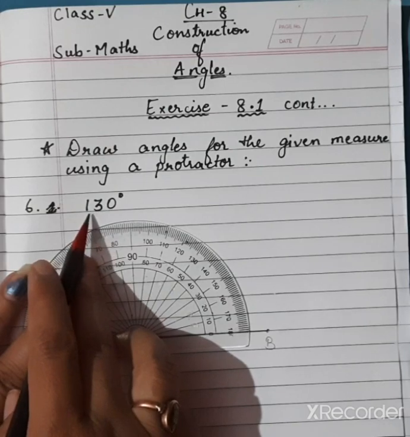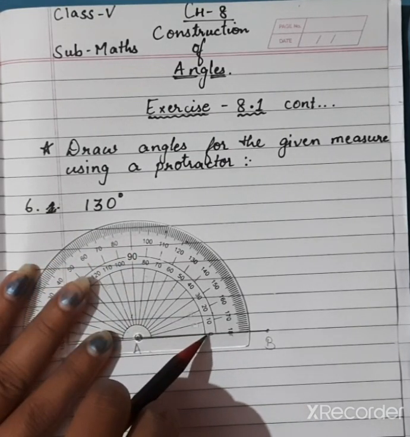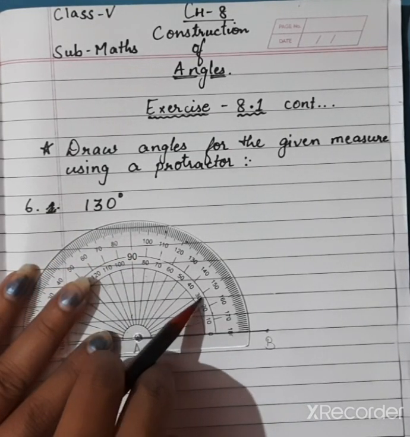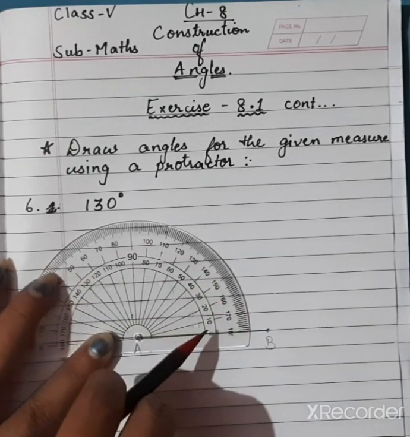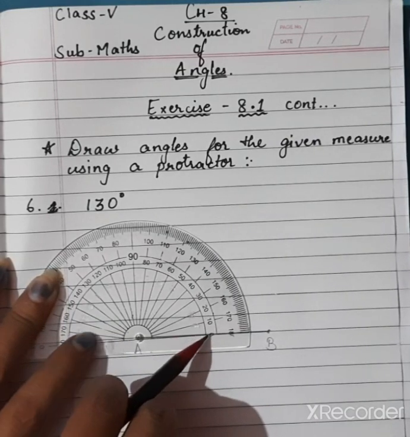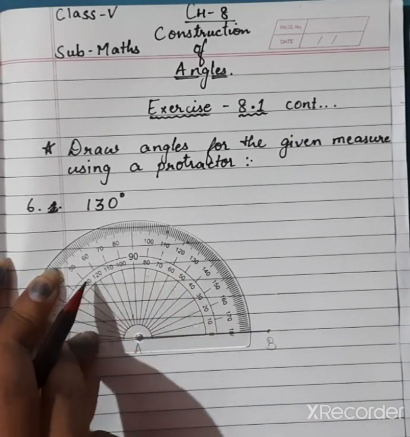Here it is 130 degrees, so from 0 on the inner side go up to 130. Don't count the outside one, just see the inner one, 0 to 130.